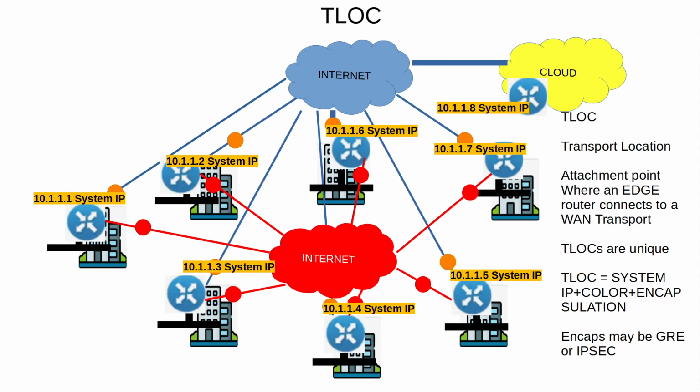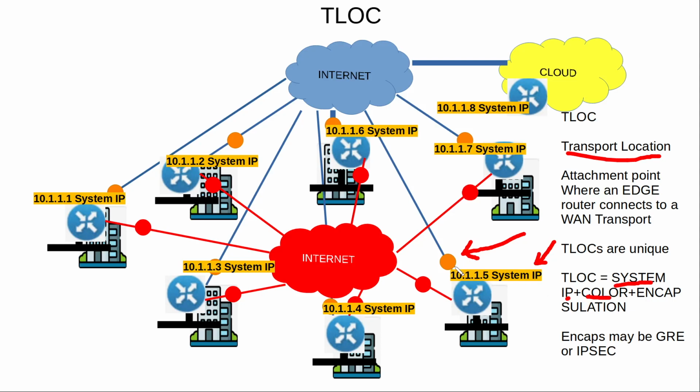The TLOC, which is the transport location, will identify a transport connection with a high level of detail. The TLOC is made of the system IP. Remember that the system IP uniquely identifies one edge device. A color attribute.